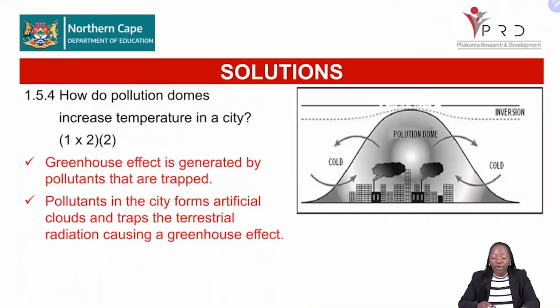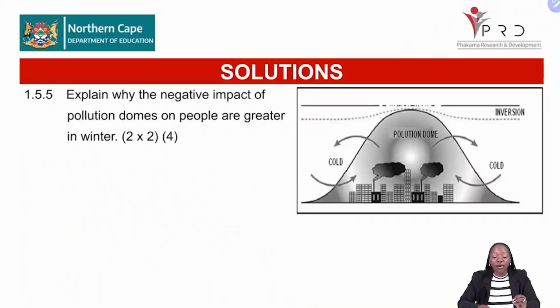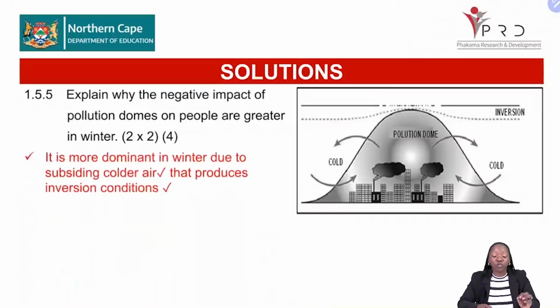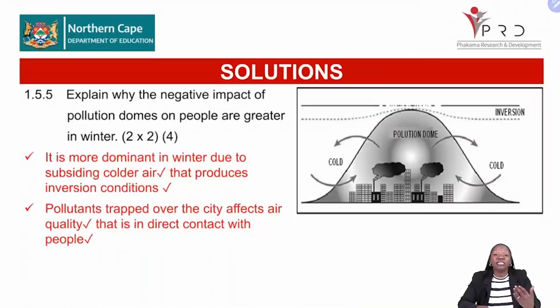Then we're looking at our next question. In our next question, 1.5.5, explain why the negative impacts of the pollution dome on people are greater in winter. So number one, it is more dominant in winter due to the subsiding colder air. The air is sinking, which is the cold air, that produces your inversion conditions. Then secondly, the pollutants are trapped over the city.